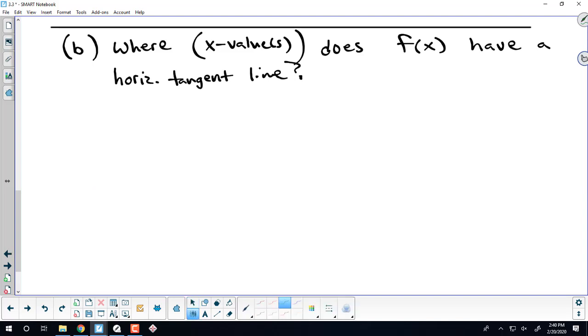Like we said above, to find where we have horizontal tangents, we have to take our derivative, set it equal to 0, and solve for x.